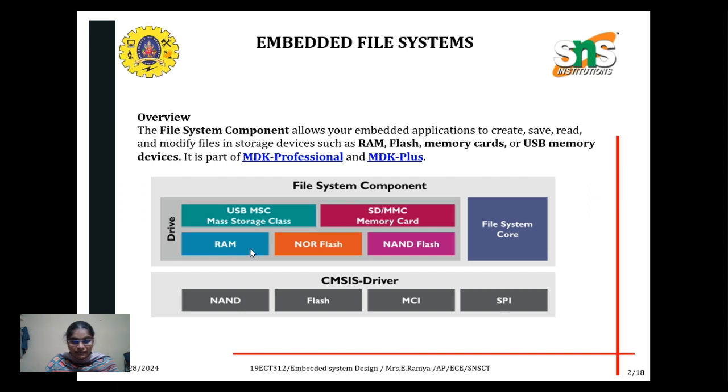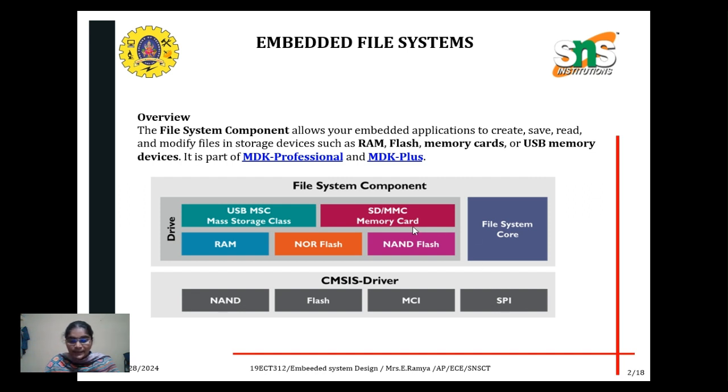In the drive we have random access memory, NOR flash, NAND flash, USB MSC (Mass Storage Class), SD memory card, file system code. These are the types of file system component, and CMSIS driver, NAND flash, MCI, SPI.